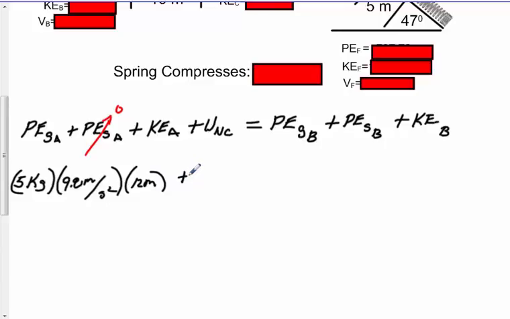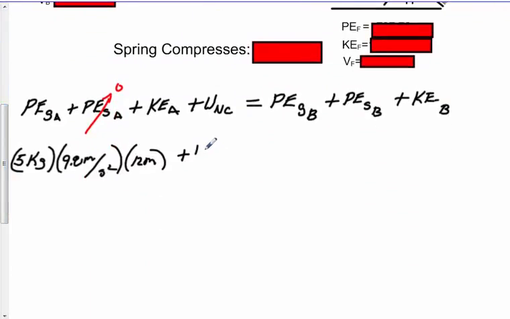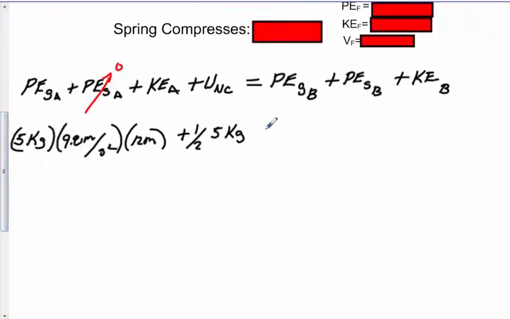Plus, now we'll do kinetic energy. The kinetic energy is going to be 1/2 mv squared. I have a velocity of 2. So it's going to be 1/2 times my mass, which is 5 kilograms, times my velocity, which is 2 meters per second.